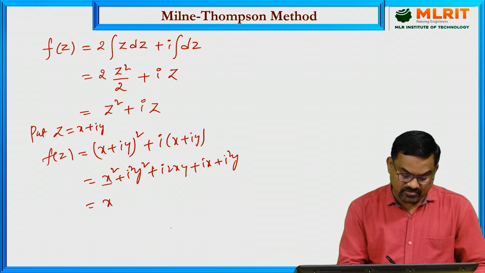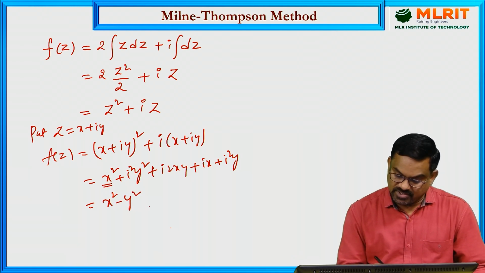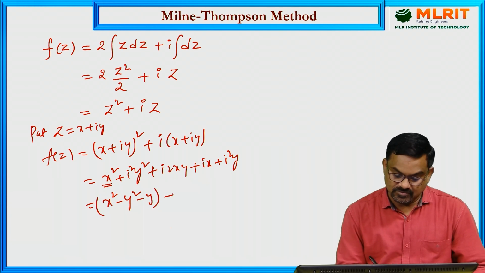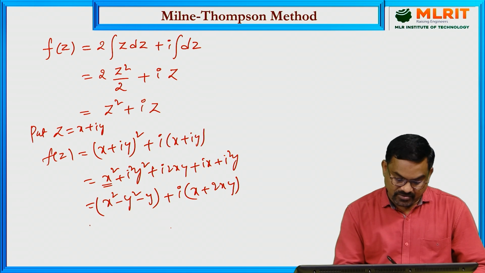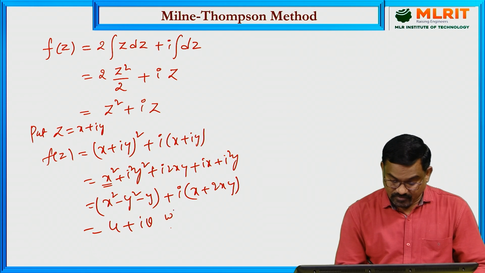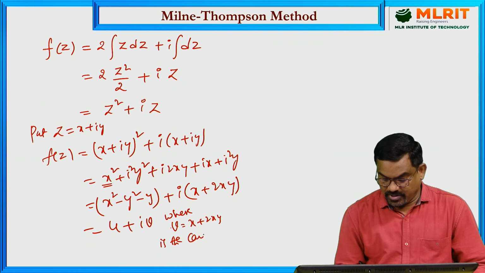So x square is the real part, i square is minus 1. So x square minus y square. Again here i square is minus 1, minus y plus i common, x plus 2xy. So which is in the form of u plus iv, where v is x plus 2xy, the conjugate harmonic function of u.